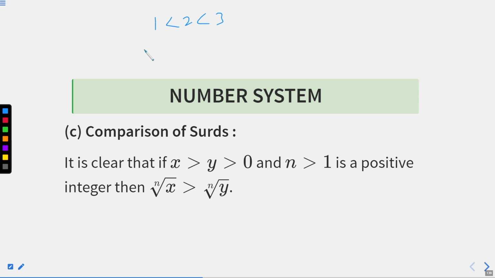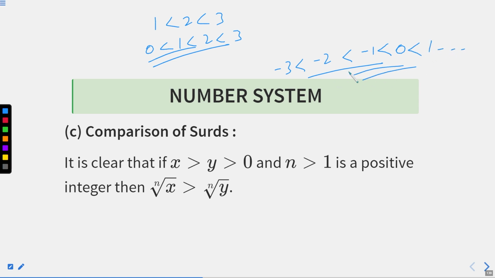Also in whole numbers there is only one additional number, which is 0. We know 0 is less than 1, less than 2, less than 3. In integers this follows, but there are negative numbers, and we know that the more negative, the lesser it becomes. So minus 1 is greater than minus 2 is greater than minus 3, and the negative values are less than 0 and less than 1.